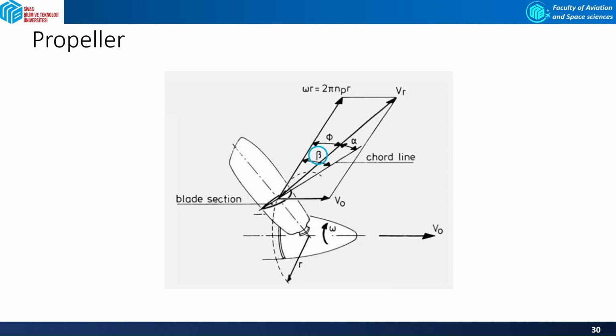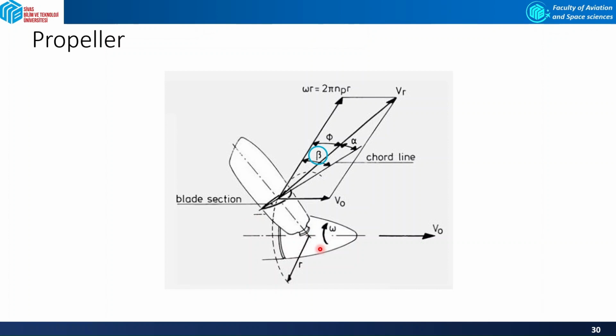The part of this lift and drag which acts forward, or we can say the part which is perpendicular to the plane of rotation, is making a thrust force, and the part of lift and drag which is in the plane of the rotation, not perpendicular to that, will create some torque for us.